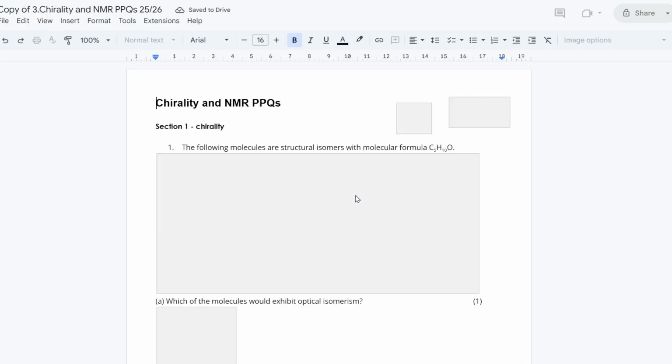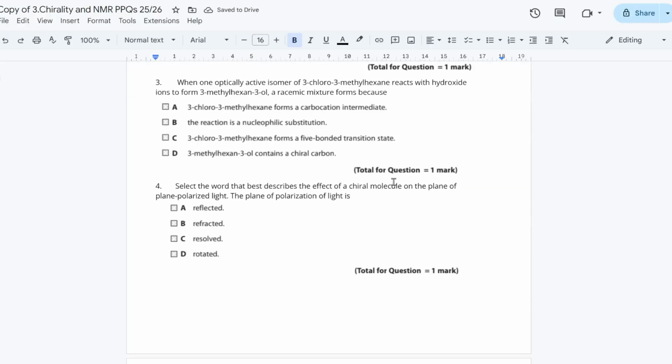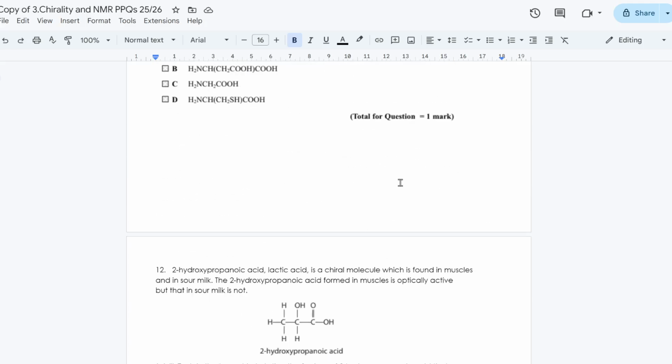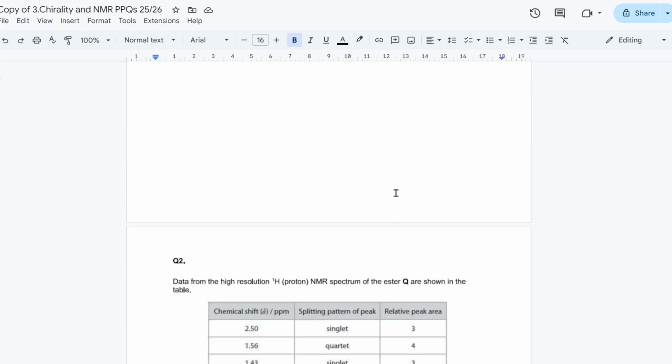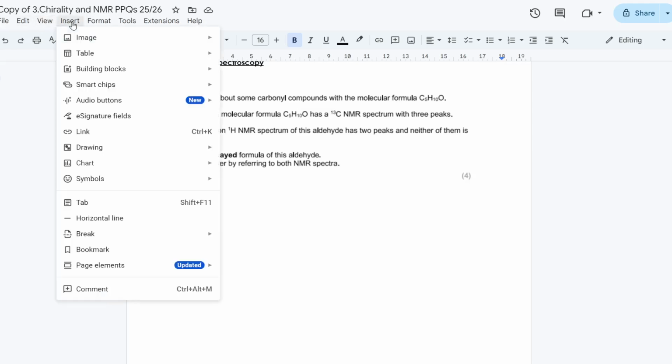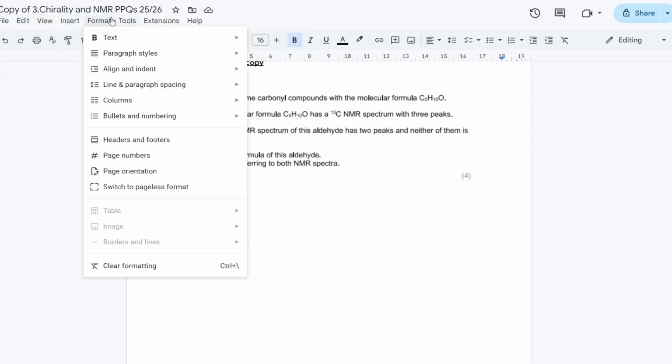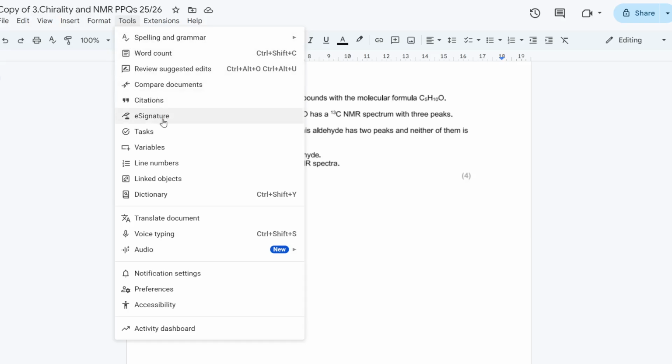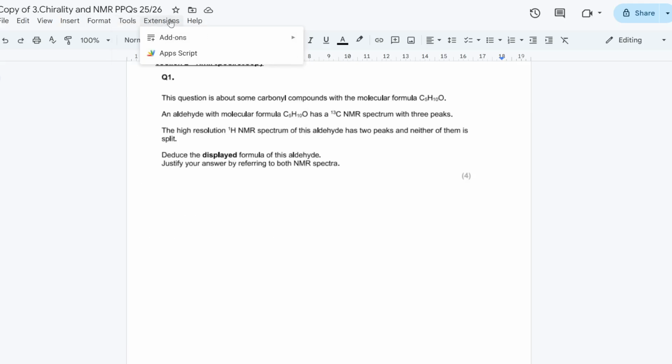That makes it easier. Okay, so now I should be able to draw on it, right? And I'll draw. So for the displayed formula, I'm going to do the. Can I draw? Is it like a drawing? Give me a moment.